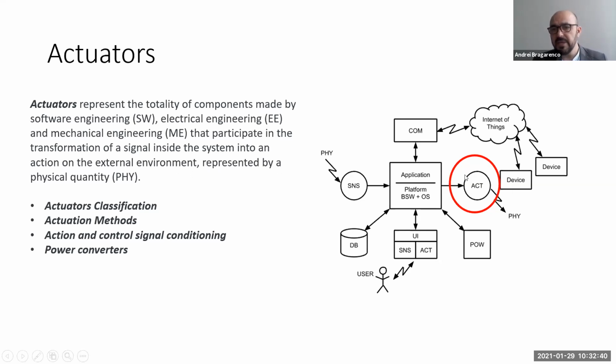In this case, we have this information: I want, let's say, 20 degrees. The actuator will have to act on the physical environment in order to achieve what we need. That means we transform information into changes or actions in the physical environment.